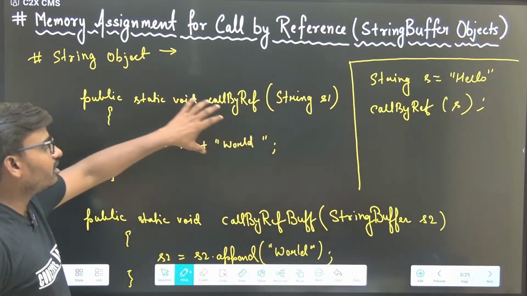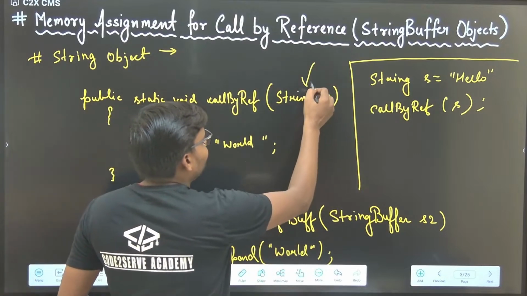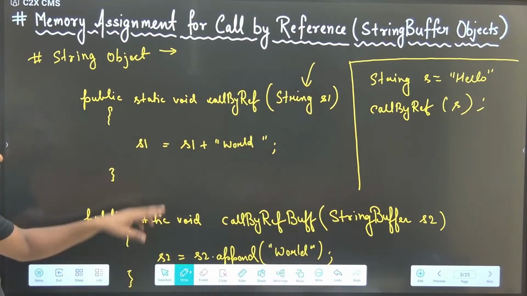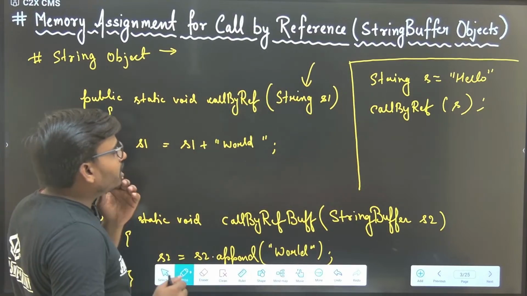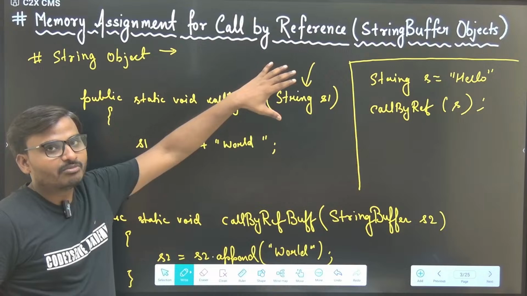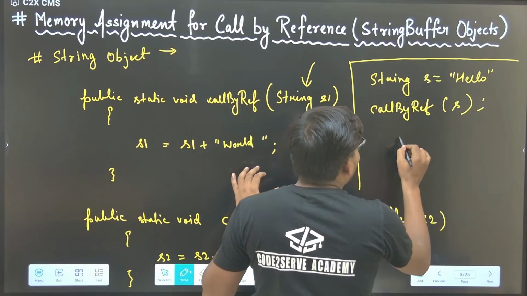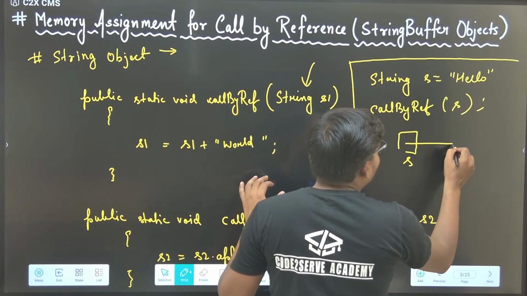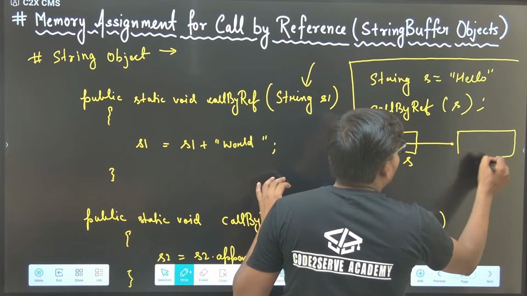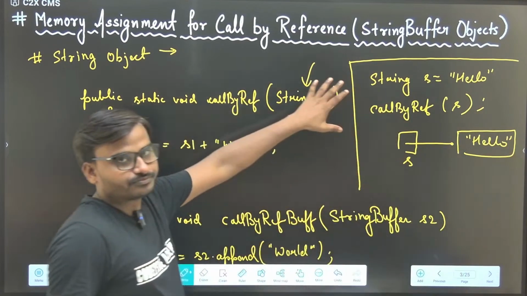So when it receives s as an argument here, it is changing this s1. Think of what happens in the memory. For now, there is one variable s that points to hello.